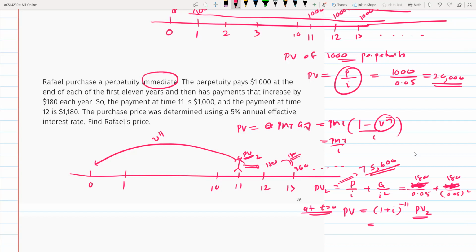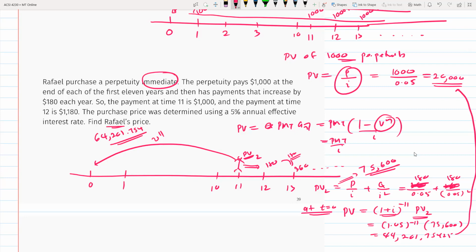And then you discount by (1 plus i) to the 11, so 1.05 to the negative 11 times 75,600. That will give you 44,201.75425. Then you add that with this one, plus 20,000. So the final answer would be 64,201.75, because you have to add the first and second.